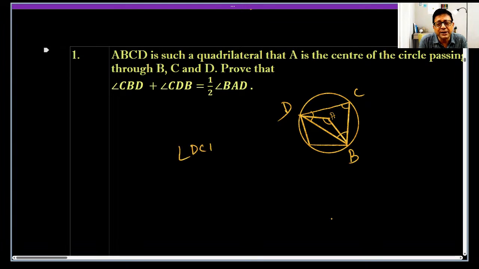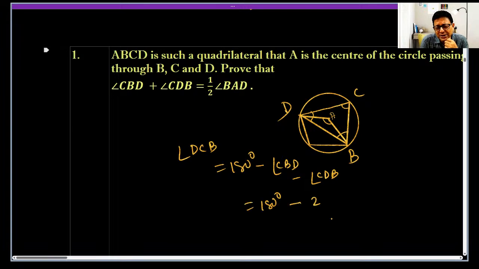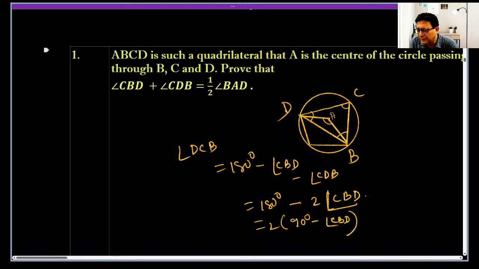So angle DCB is what? 180 minus angle CBD minus angle CDB. So it is 2 into 180 degree minus 2 into angle CBD. Alright, you take 2 into 90 minus CBD.